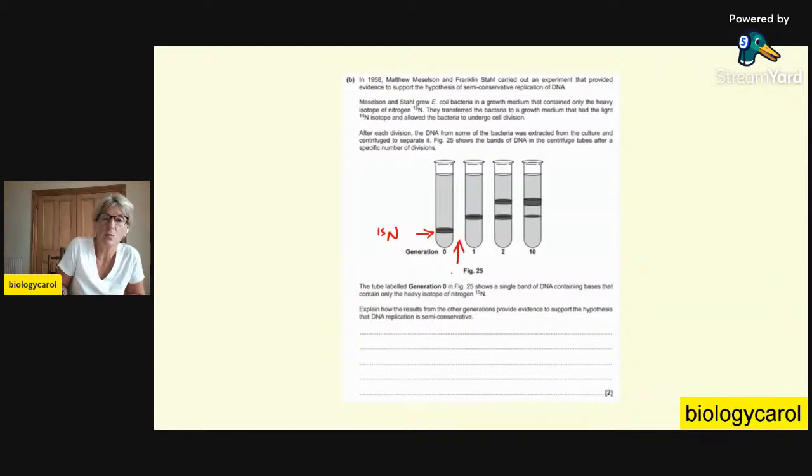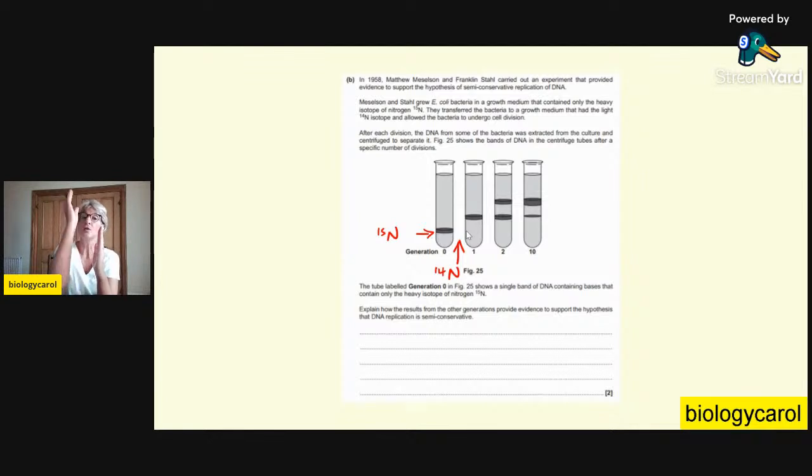This is the first generation. This is where light nitrogen was the only nitrogen that was made available. So hopefully it makes sense that all the DNA that was made as a result of the first round of replication, the first generation, would have comprised one heavy nitrogen strand and one light nitrogen strand.